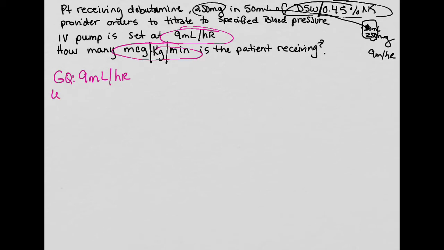So that is my wanted quantity per kilogram per minute. What else do I have on here, though? As we talked about here, we have this dobutamine, 250 mg. So that's the dose on hand that we have. I'm going to need that in order to calculate.